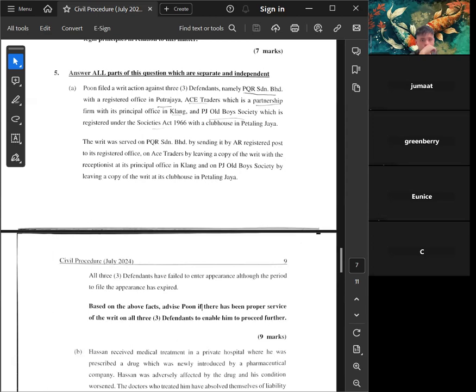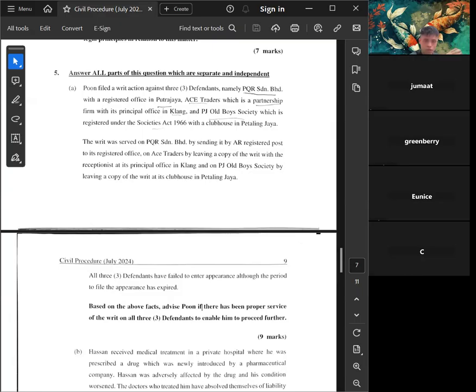Arguably, it's not valid. Do you all know what is the difference between an AR registered post and a registered post or not? An AR registered post will have the acknowledgement card. So it's a yellow piece of card saying who has received the document.